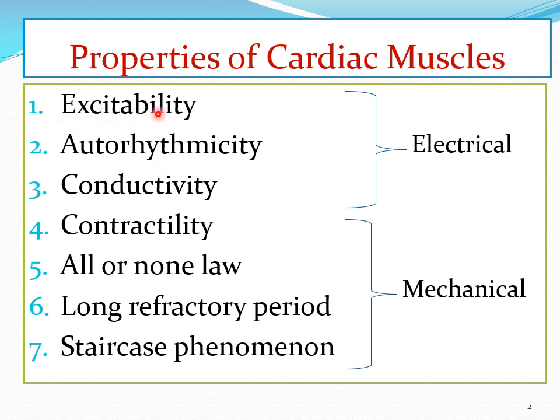So see the orientation of these properties. What is excitability? Excitability means it is the ability of the heart to give a response to a stimulus, and this response is by the development of an action potential. So we can say almost all tissues in the body are excitable.